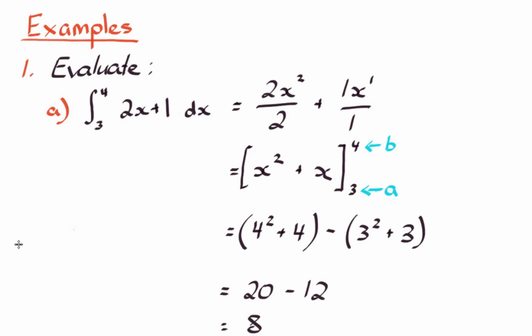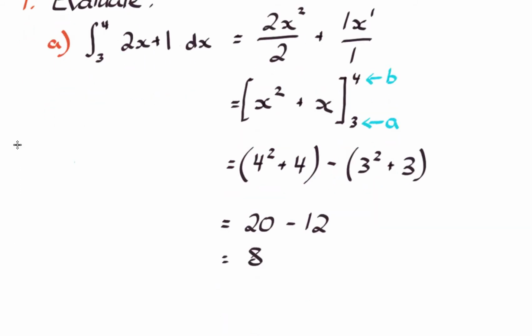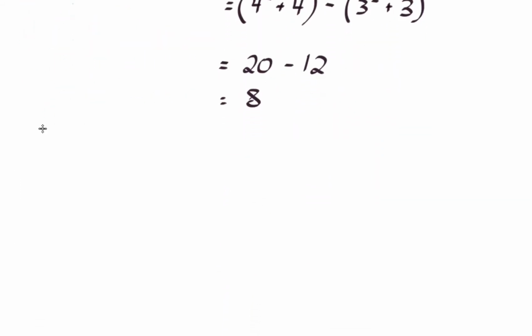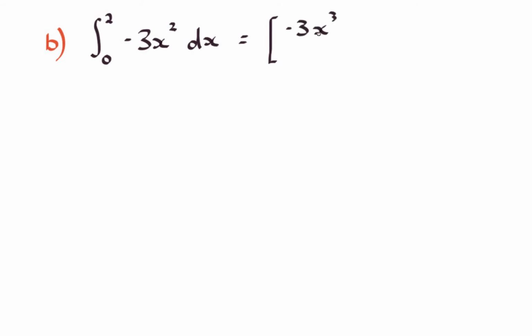Let's go on to question 1b. Evaluate the integral of negative 3x squared between 0 and 2. So let's raise the power by 1 and then put it all over that power.